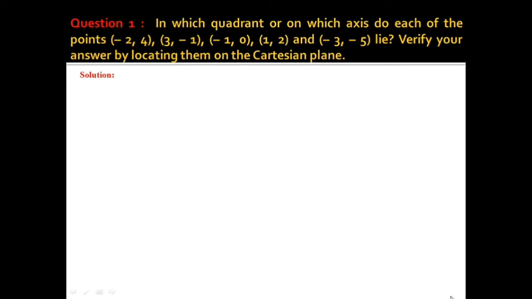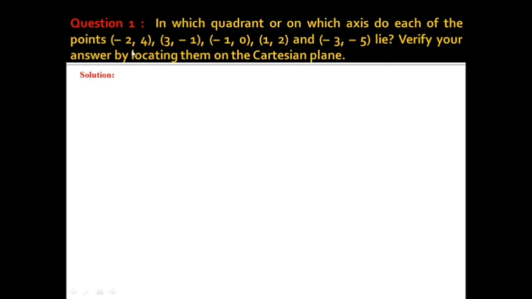So here it is given in the question that for some points we have to write down in which quadrant they lie, and again we have to verify our answer by locating the given points on the Cartesian plane. So let's start with the first point. What is given? Minus 2 comma 4.